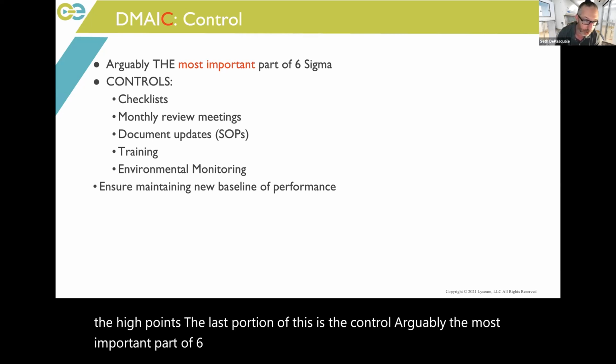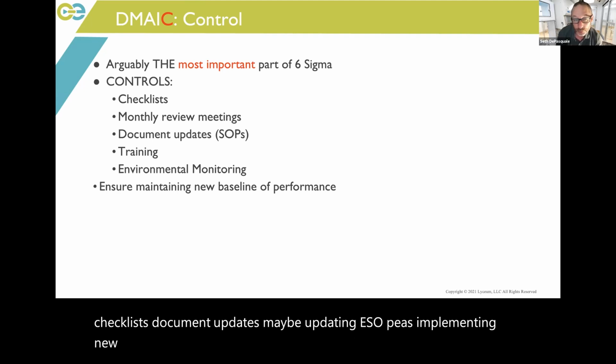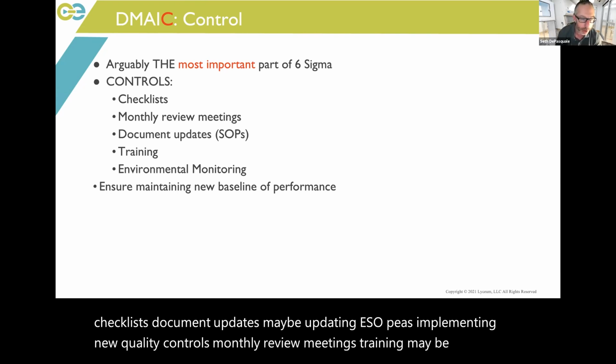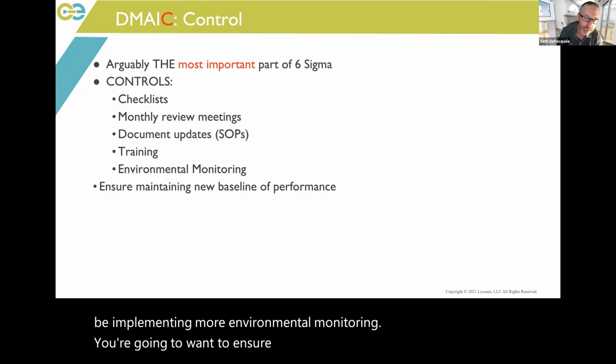This is where you're going to involve checklists, document updates, maybe updating SOPs, implementing new quality controls, monthly review meetings, training, maybe implementing more environmental monitoring. You're going to want to ensure you're maintaining that new baseline of performance that you've set.